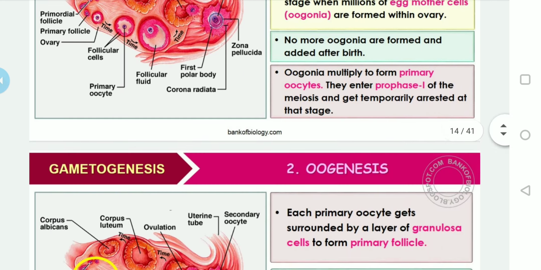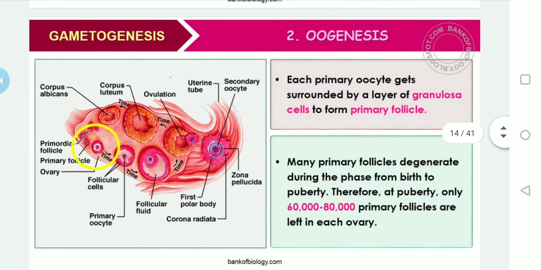Very important: each primary oocyte gets surrounded by a layer of granulosa cells and is then called a primary follicle.